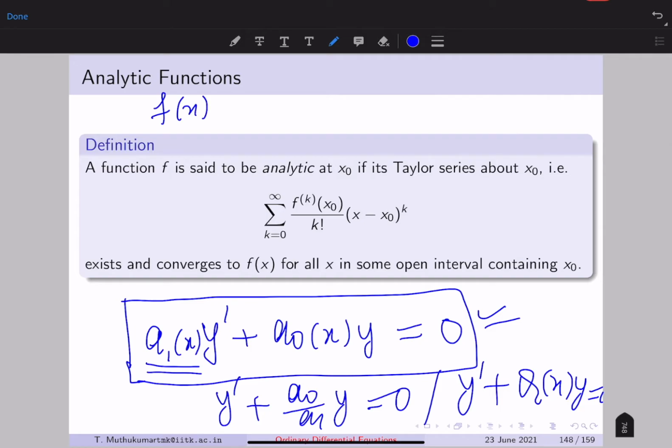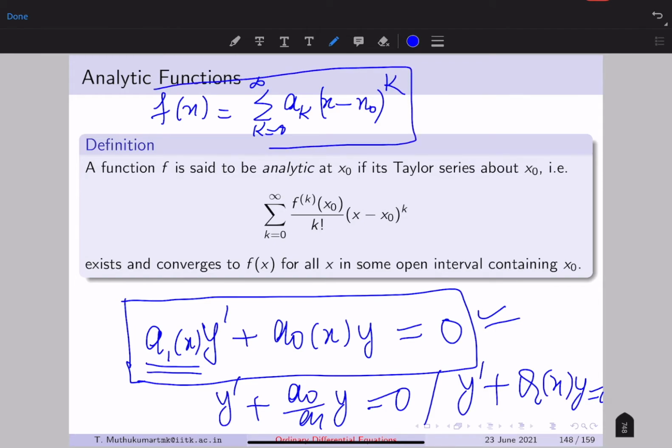If you are given any function and it has the power series form, then it can be written as the sum from k equals 0 to infinity of some coefficient a_k times x to the power k. This is a power series about the origin. If you want a power series about any point x0, then you write a_k times (x minus x0) to the power k. This is the notion of power series.